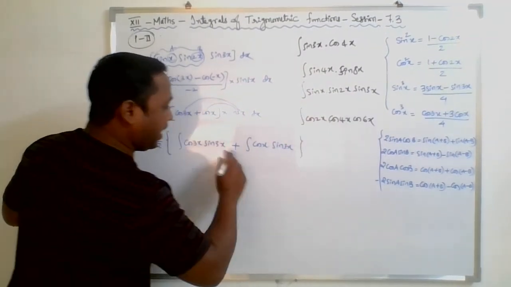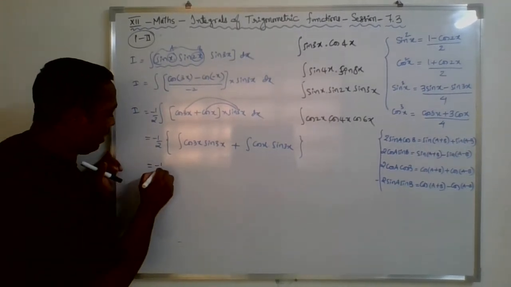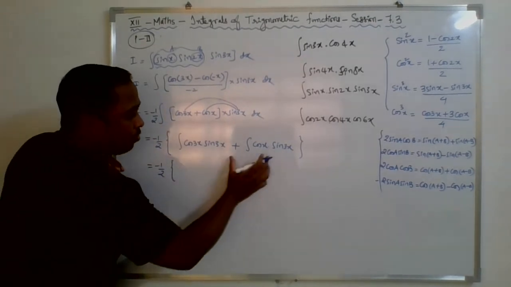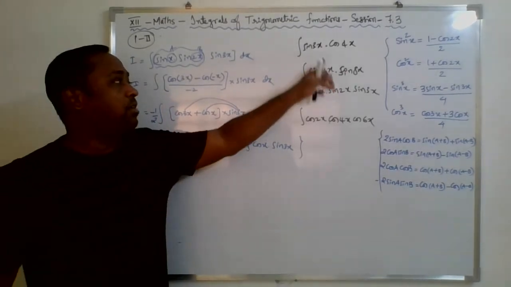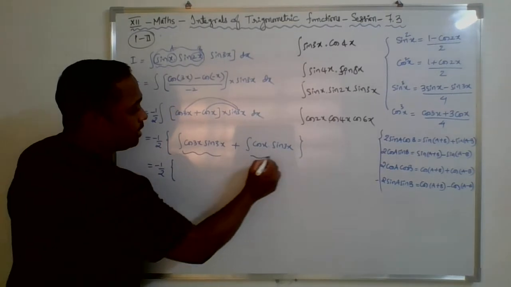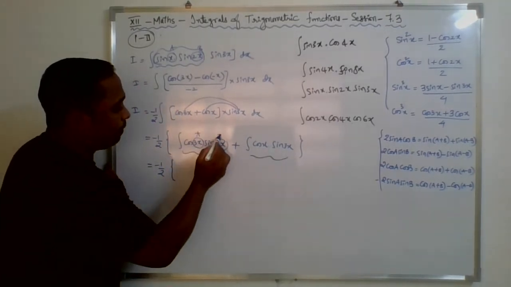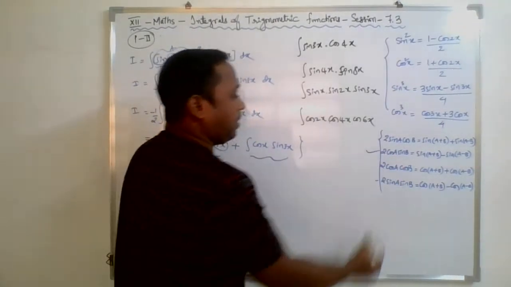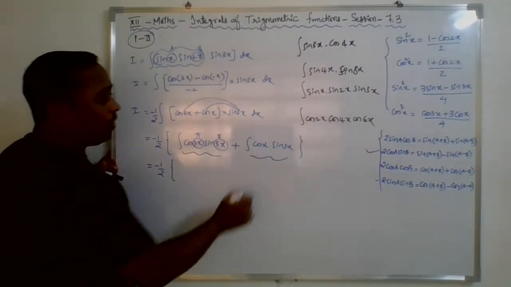I am not writing dx again and again to save our time, but you have to write it by default. Now this question is again divided into two simplest questions. आप देखिए इस फॉर्म में कन्वर्ट हो गया, means it's a repeated task. इसको आप a और b समझ के चलिए. तो cos a into sin b, the second formula will apply over here, and then go with the formula.